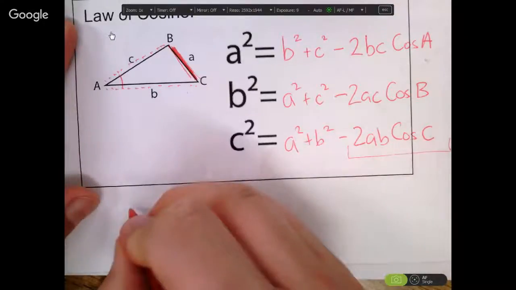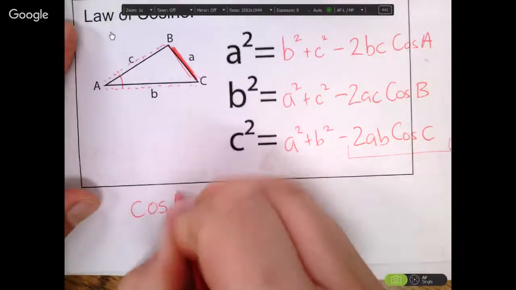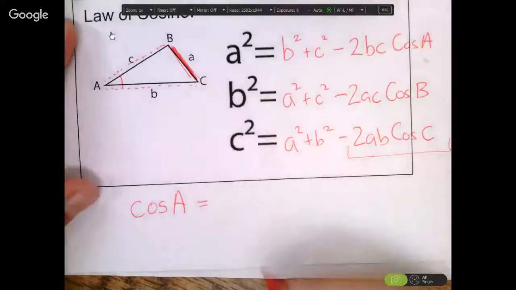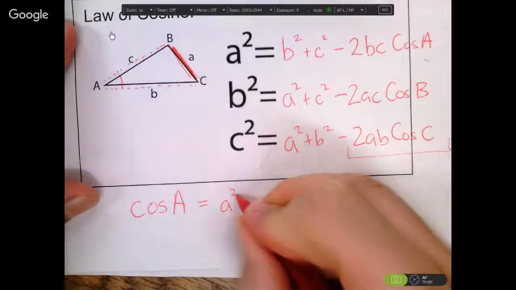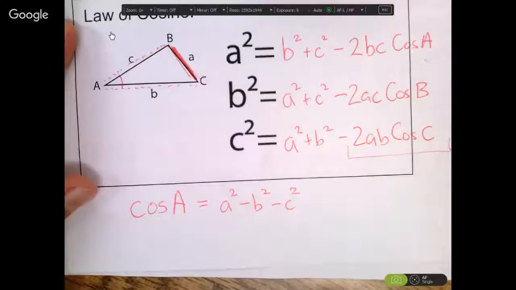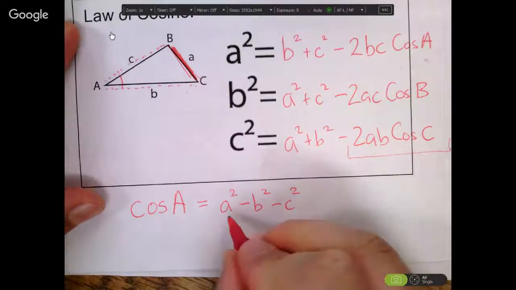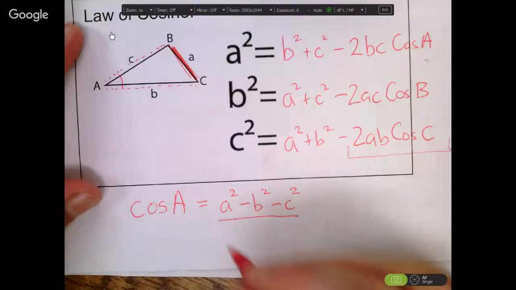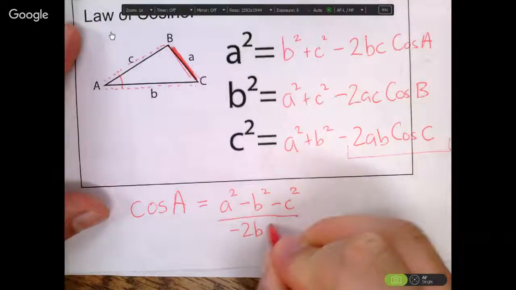That says that the cosine of angle A equals A squared minus B squared minus C squared divided by, anyone want to guess what we're dividing by? Negative 2BC.